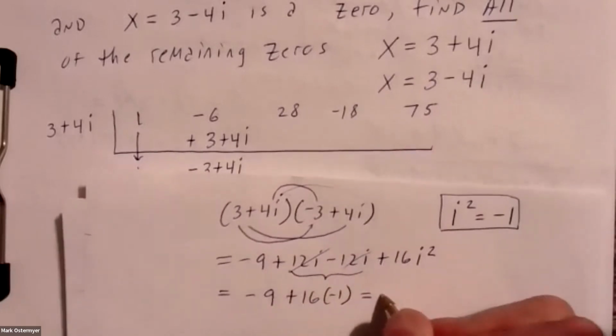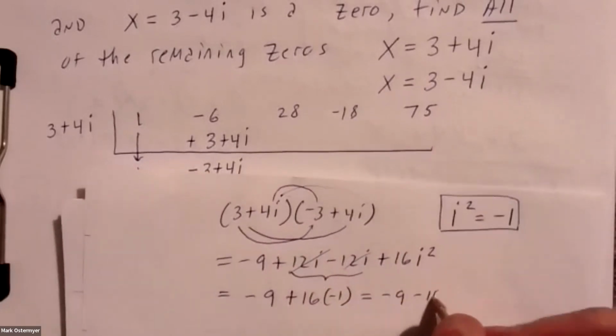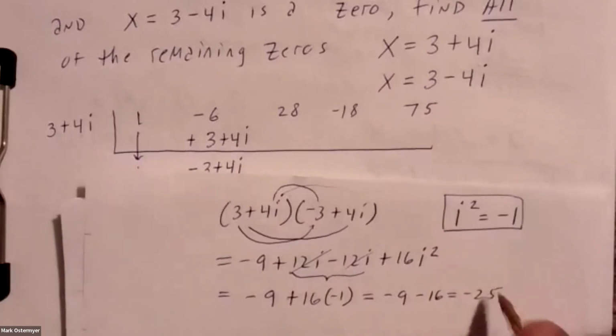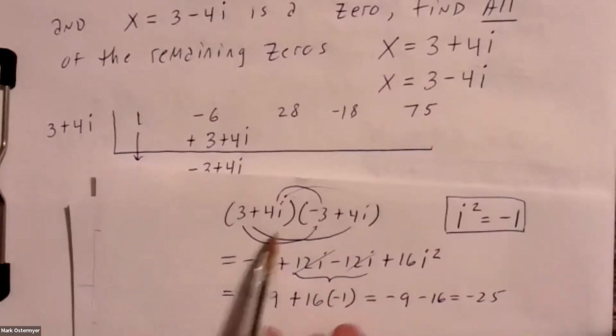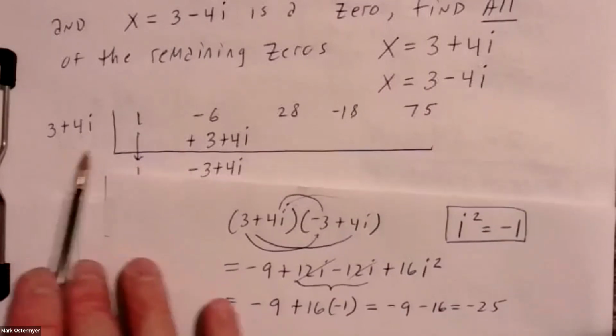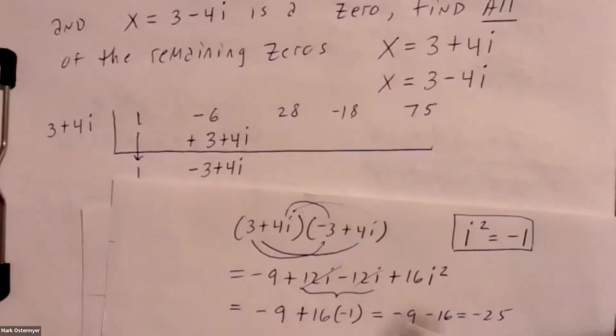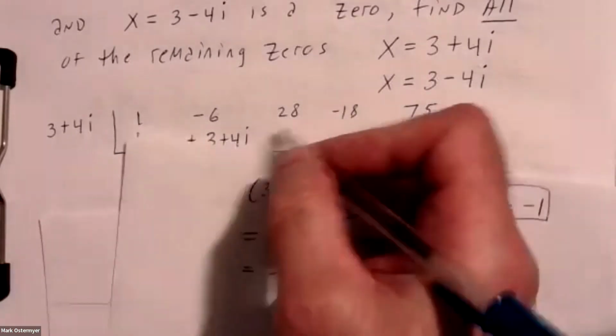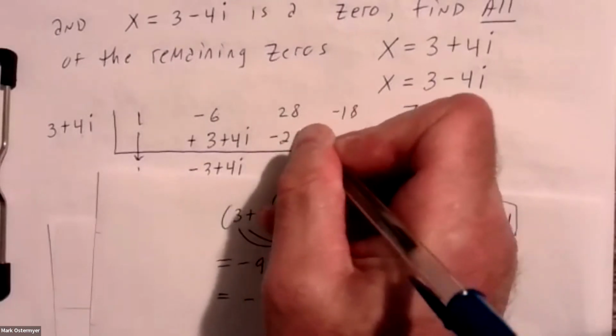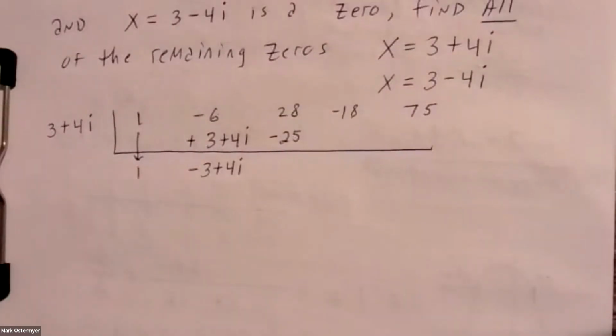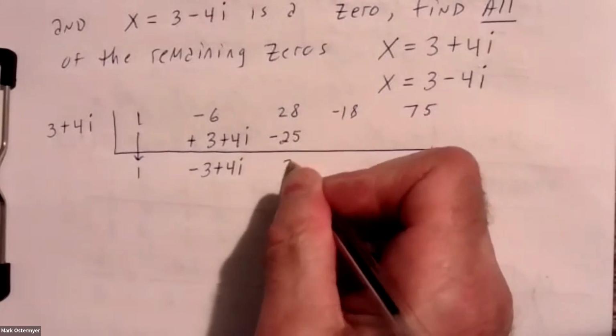And so this is negative 9 minus 16, which is negative 25. So when I multiply 3 plus 4i by negative 3 plus 4i, I'm left with negative 25. Let's bring the negative 25 back to our synthetic division. Add these together. You get 3.